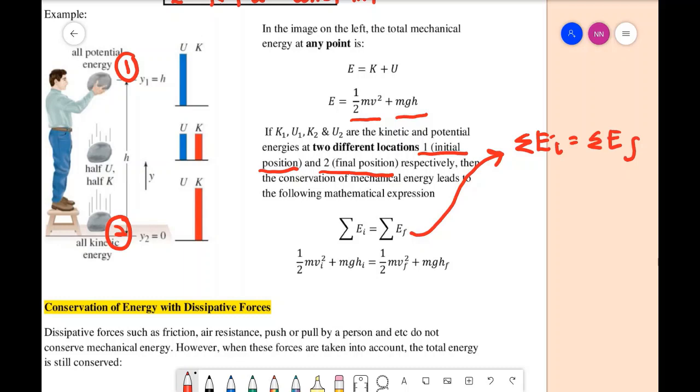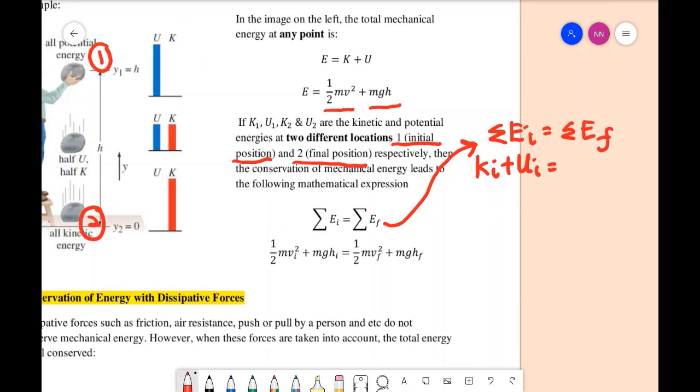Total energy initial consists of kinetic energy at the initial position plus potential energy at the initial position, and total energy final consists of kinetic energy at the final position plus potential energy at the final position.